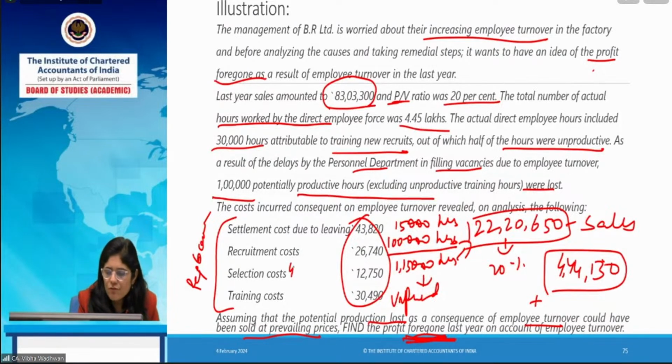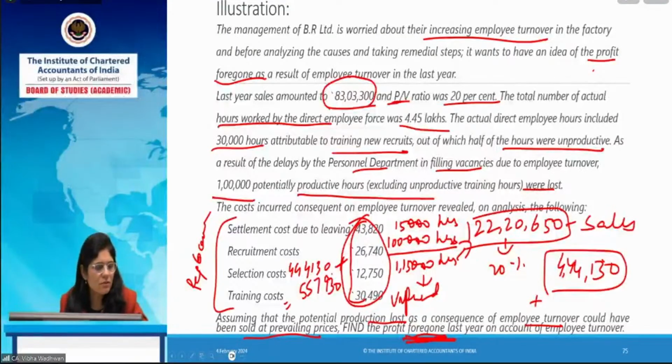So 444,130 plus all this cost. I think that should be 557,930. So a couple of students have given me this amount. I hope this is the correct amount. Okay, 557,930 is the total cost, the profit lost and the replacement cost.